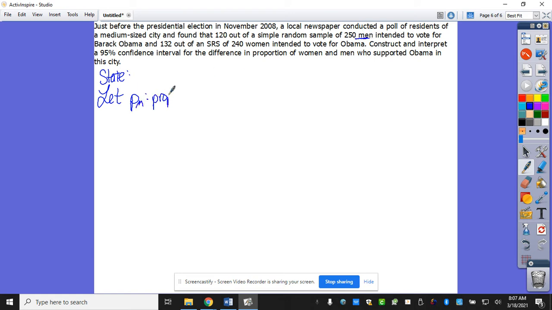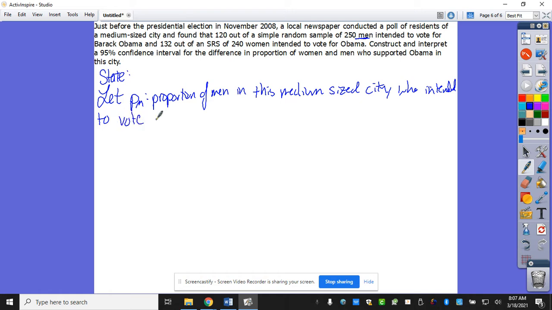So this would be proportion of men in this medium-sized city who intended to vote for Obama in 2008.